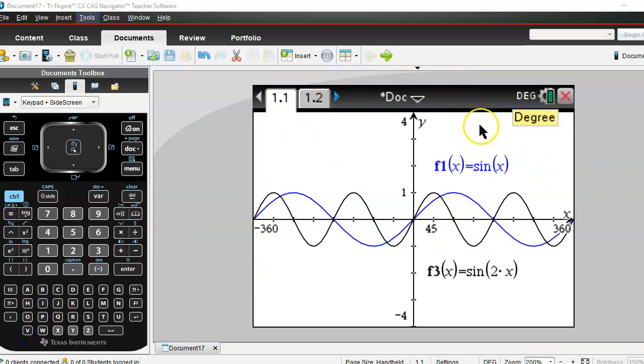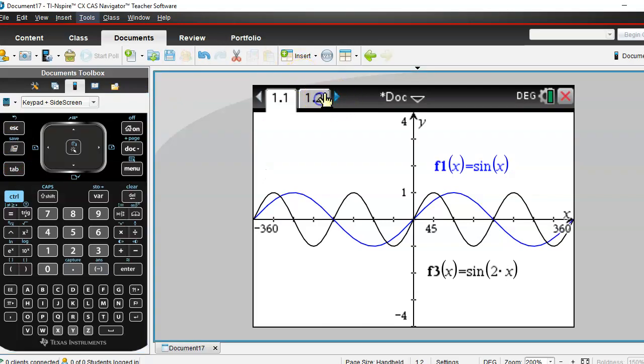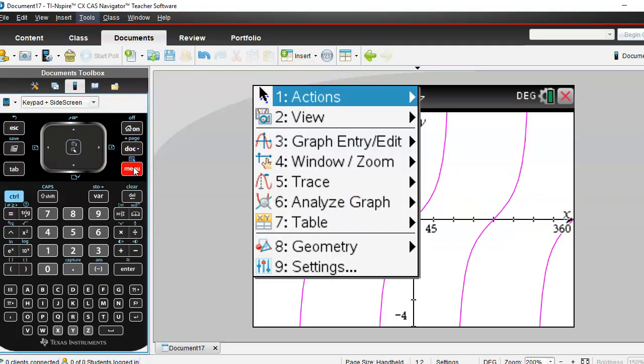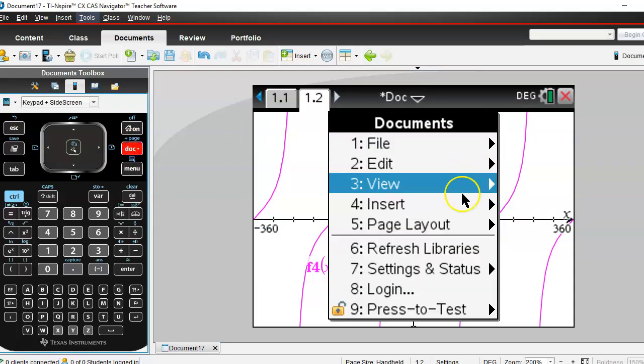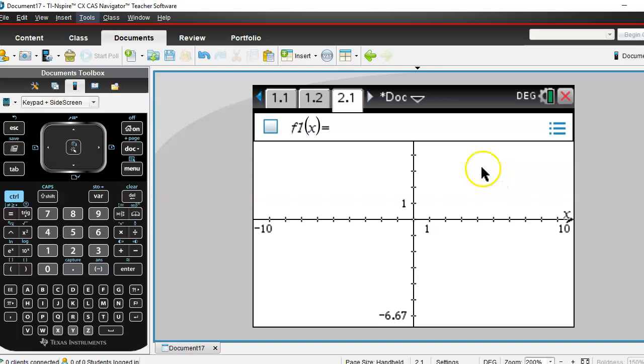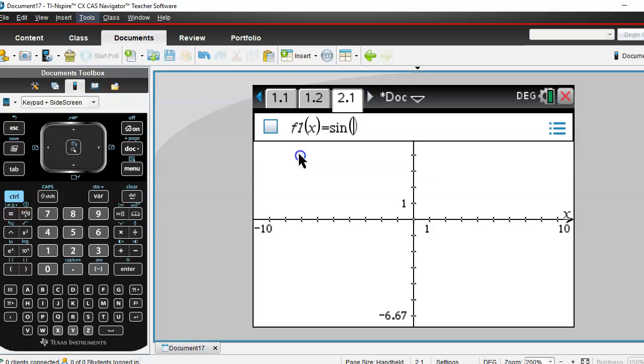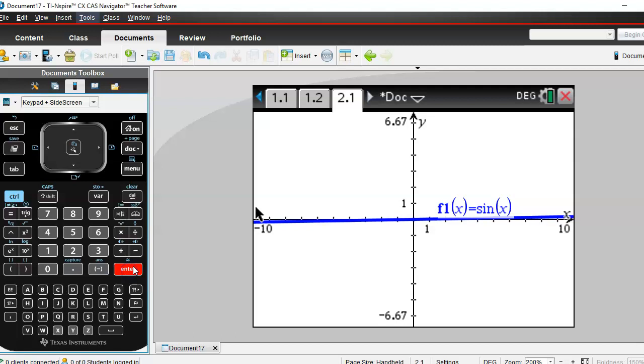Right, let's actually look at a few other things we can do to these graphs. I might actually just start a new problem. Doc, insert problem, graph. Okay, so got my sine x.